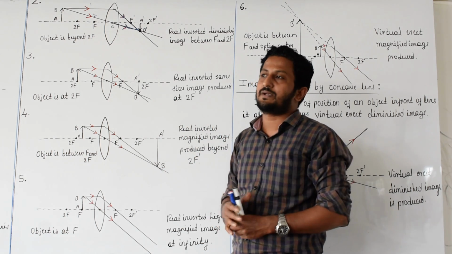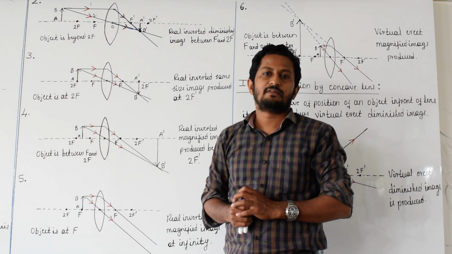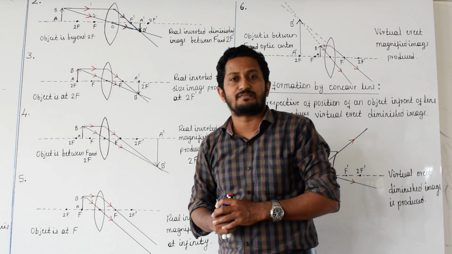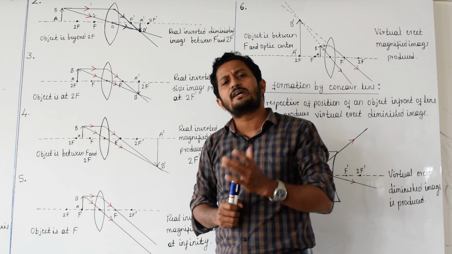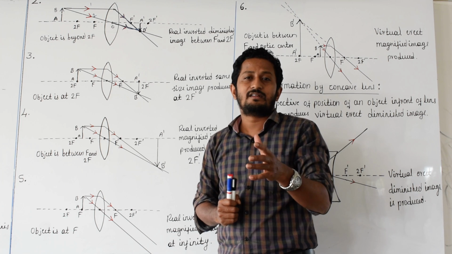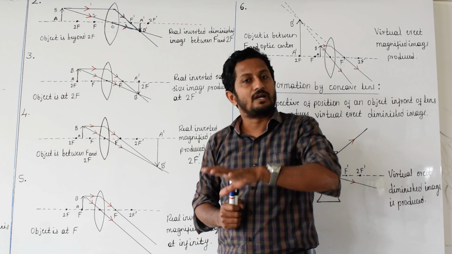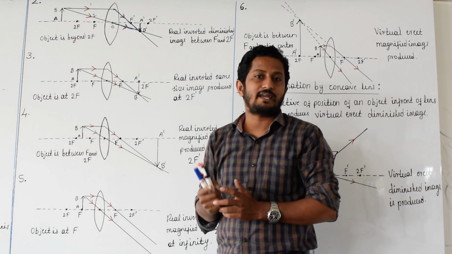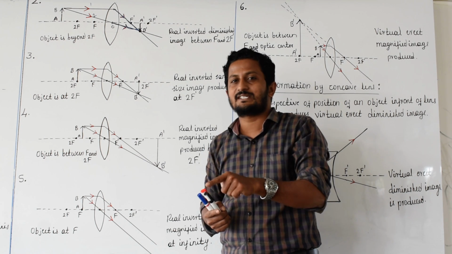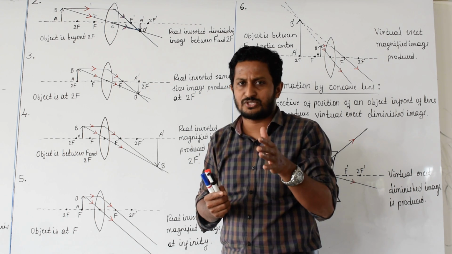It's very important. In the exam they will ask at which position in front of a biconvex lens its linear magnification becomes 1. Linear magnification means what? Already I said it is the ratio of the height of the image to the height of the object. h dash by h, where h dash is the height of the image and h is the height of the object. They will ask a question like this.